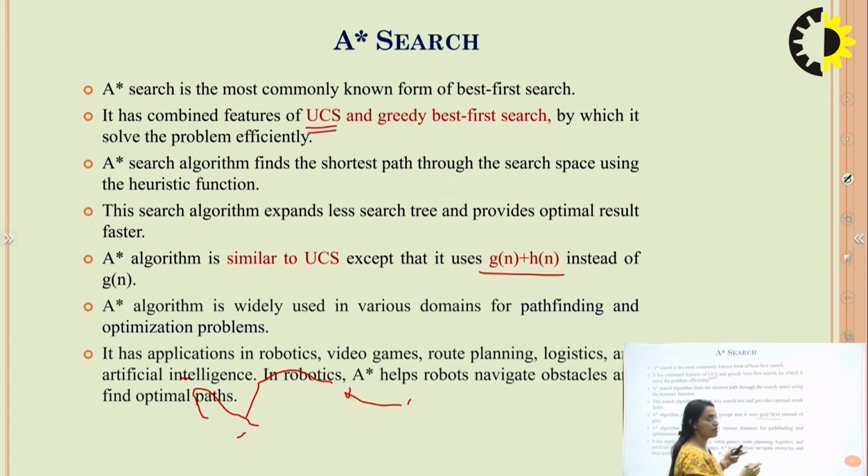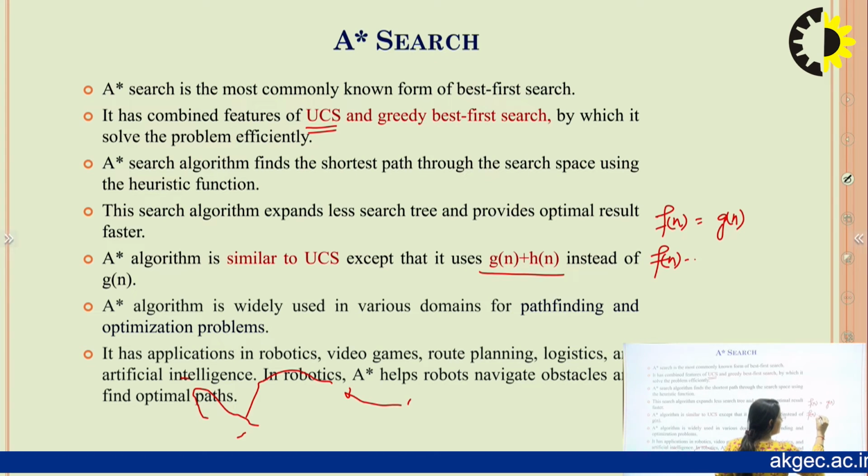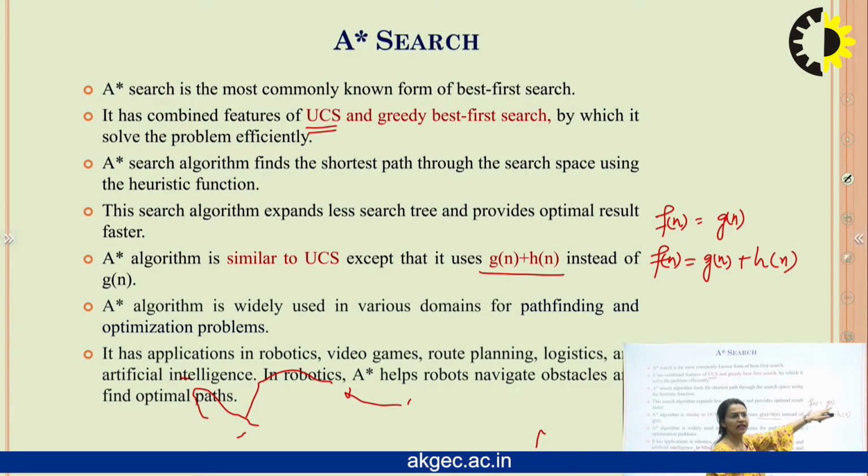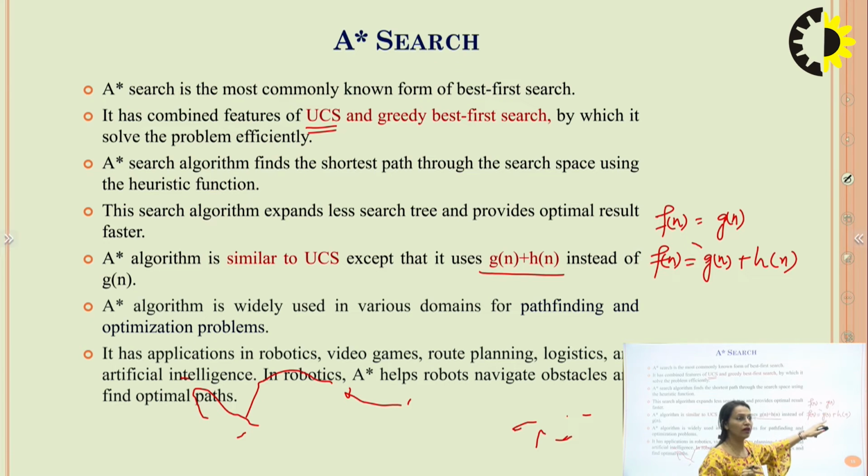Because in the previous algorithm, I have Fn equal to Gn in best first search, but here Fn will be calculated on the basis of Gn as well as Hn. That means in that case, either you are considering only Gn or you are considering only Hn, so one of the factors is missing in best first search, but here you are not going to miss anything.